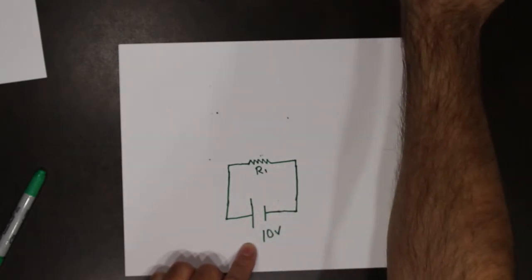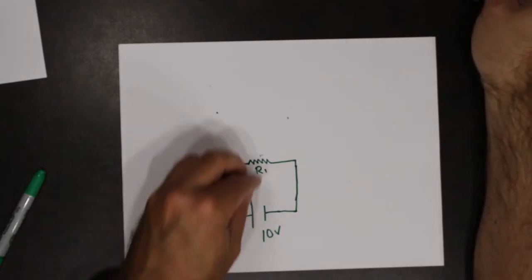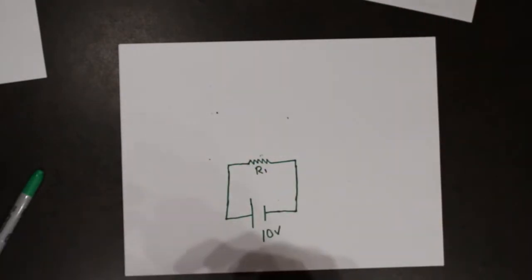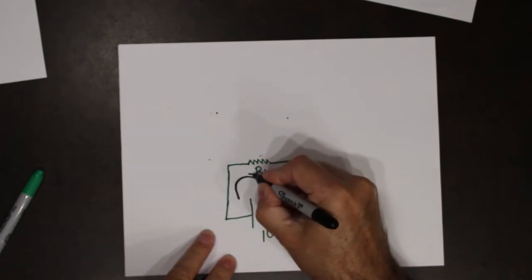But, as we learned, since current doesn't stop completely, it does allow some current to go.